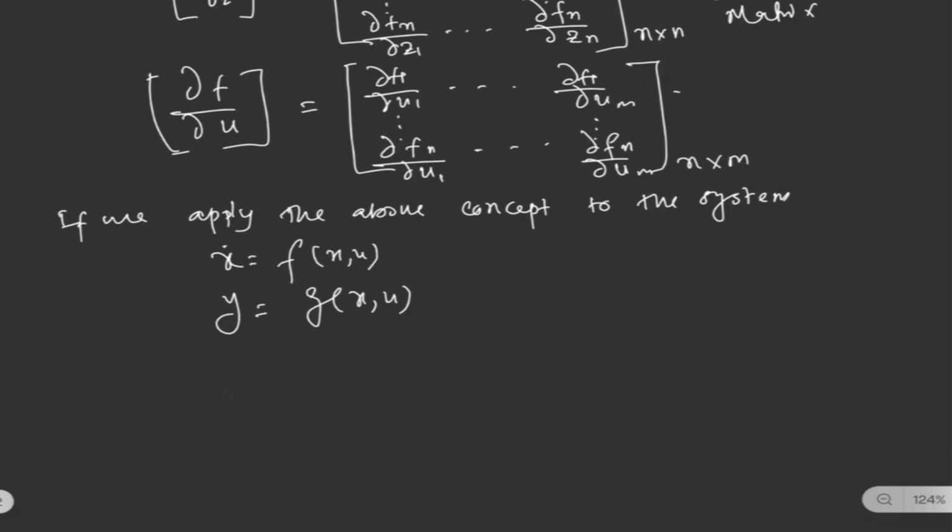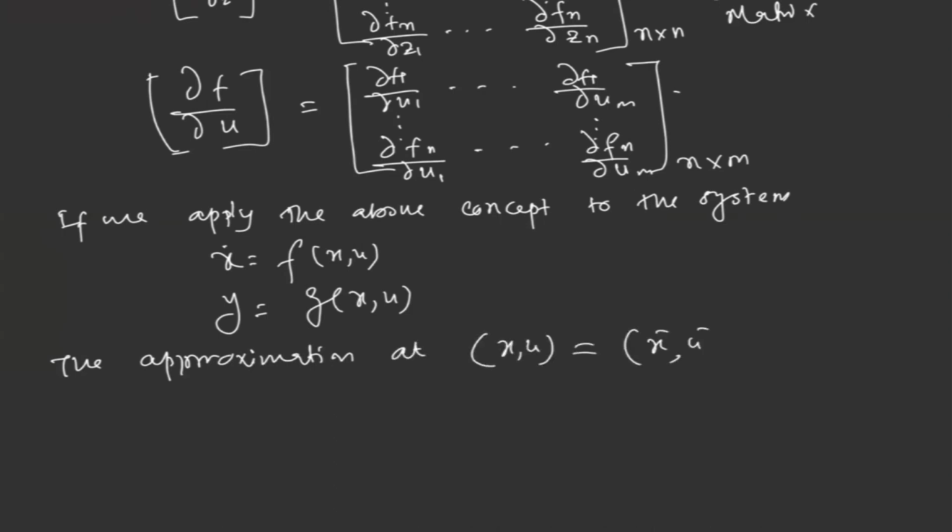And if you apply this concept the way we found the Jacobian matrices for a nonlinear system, then the approximation at x bar, u bar, we can write f of x, u.